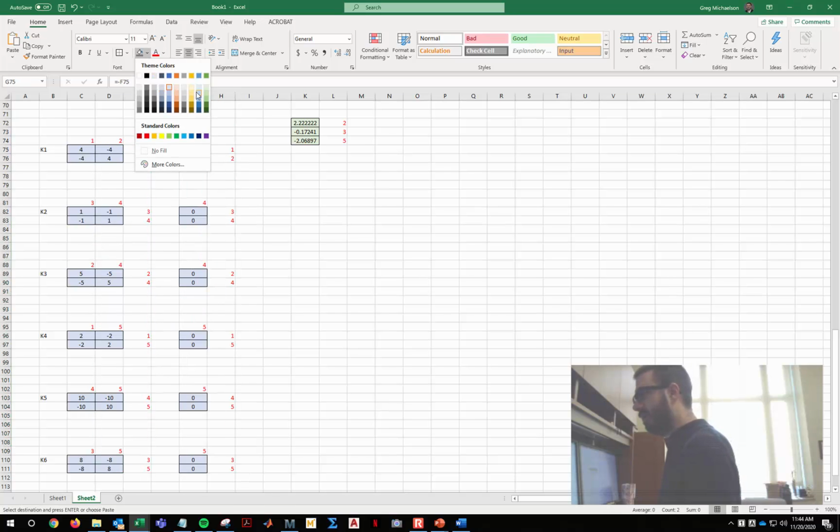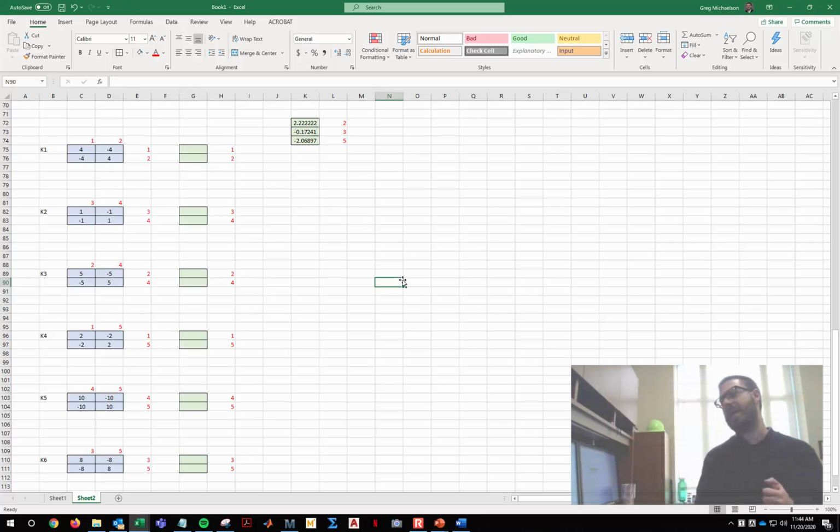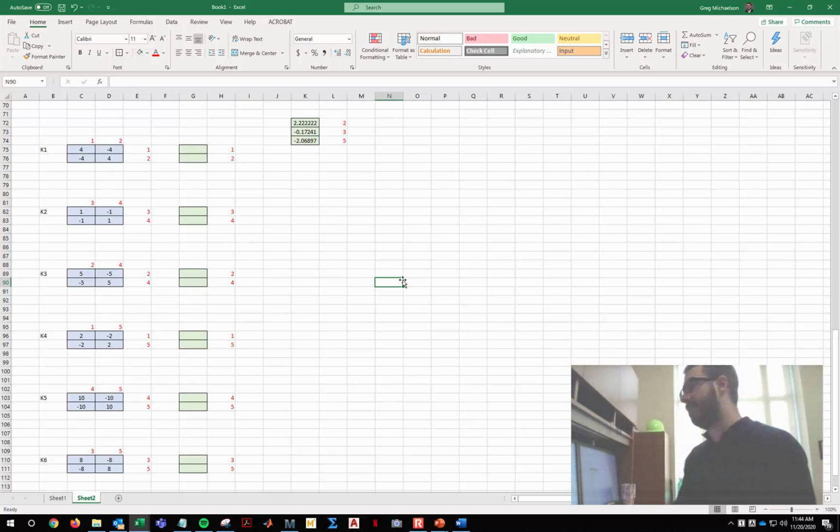So let's color those a little differently. Actually, let me just delete all that and make these green. So here's my stiffness matrices for each element. I then need to form a displacement vector for each element.